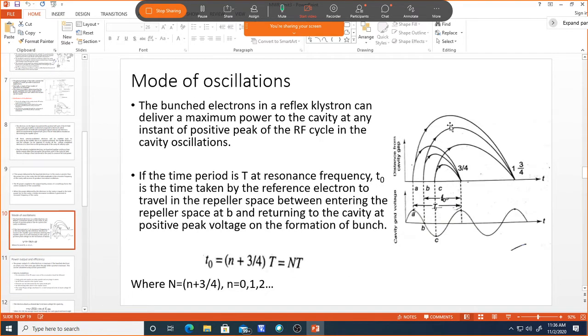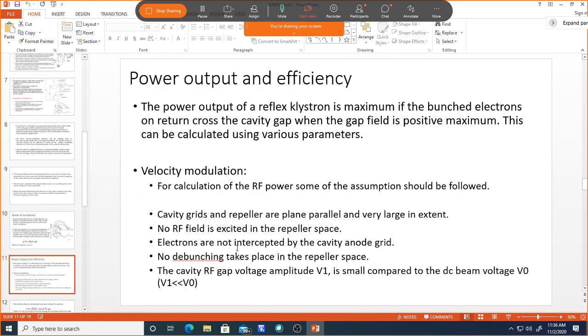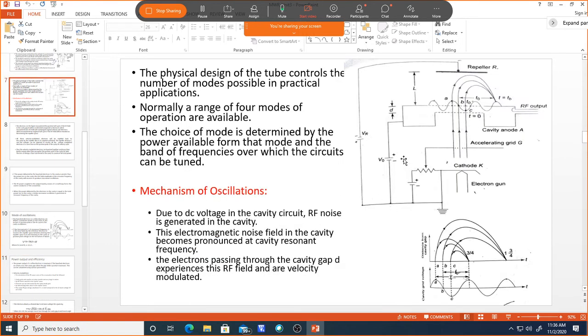As I said, these electrons which pass through this cavity and are repelled by the repeller should all be collected and bunching should take place. Debunching should not happen, with one electron going somewhere here and another somewhere there, in the repeller space. Assuming all these things, the cavity RF gap voltage V1 is small compared to the DC voltage V0 given to the cavity resonator.